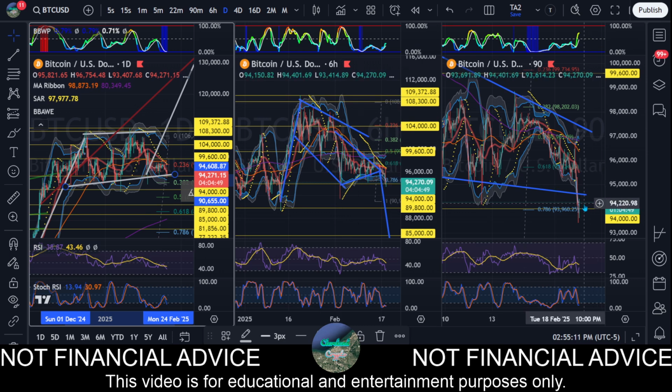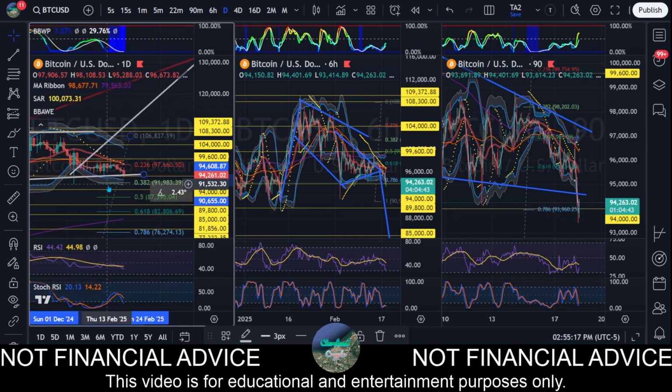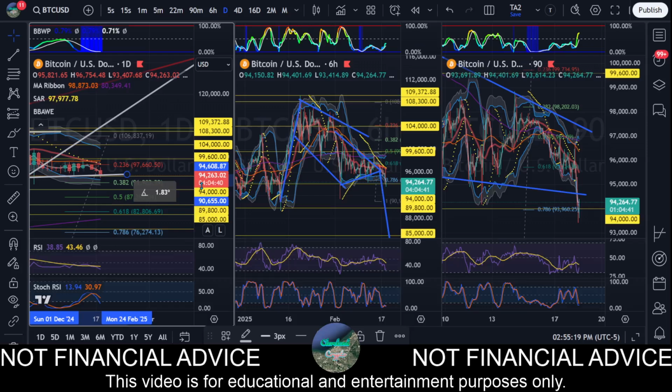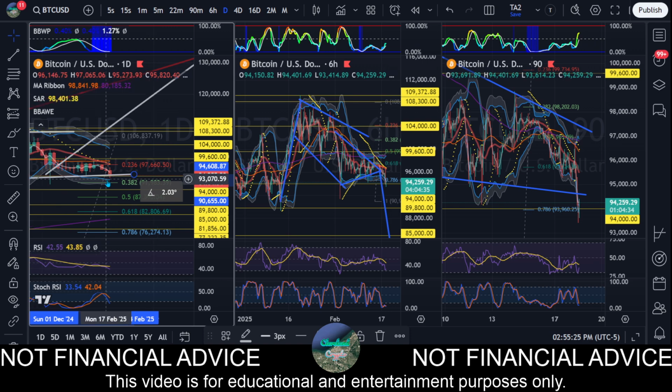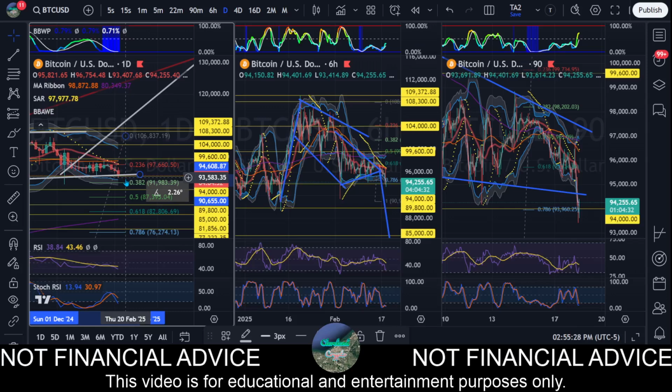Now we are back up over 94 with the price action here on the 90-minute chart. That means the daily still has 4 hours and 4 minutes and 40 seconds to go in the day. If the day can close over that 94, hey, that's great. If it closes under, well, then it still hasn't flipped it.